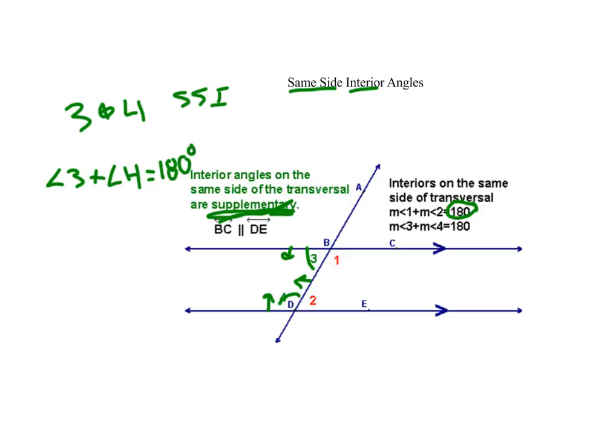And that's the same thing for angles 1 and 2, because we can see they're on the interior of my parallel lines. They're on the same side of the transversal. So I can say they're same side interior, which means angle 1 plus angle 2 equals 180 degrees.